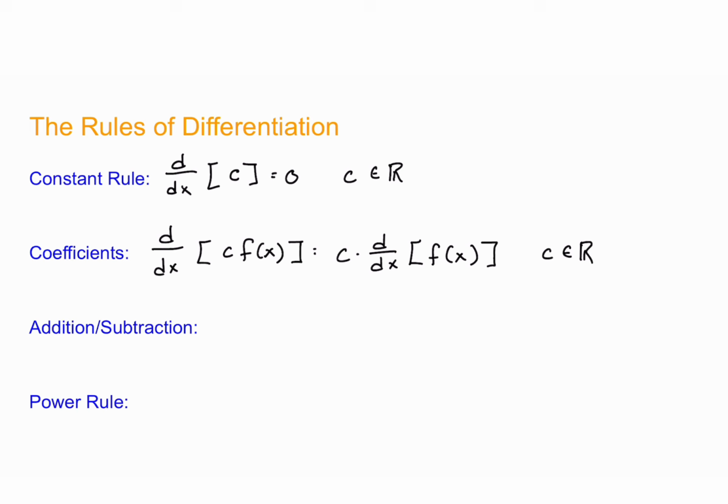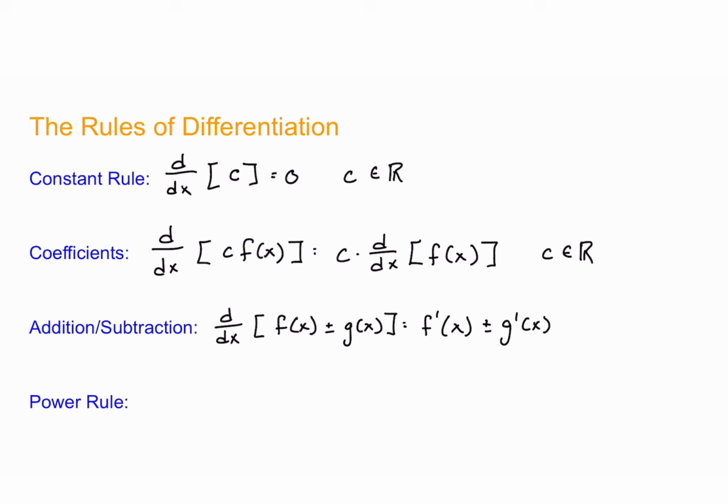The addition and subtraction rule is as so: d dx of f of x plus or minus g of x is equal to f prime of x plus or minus g prime of x.